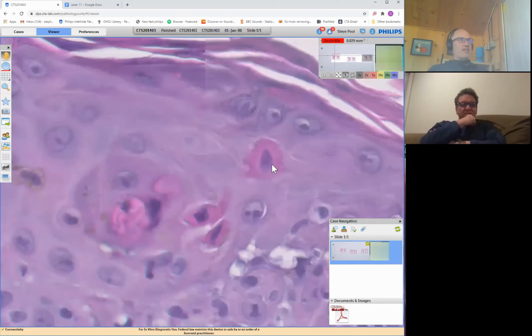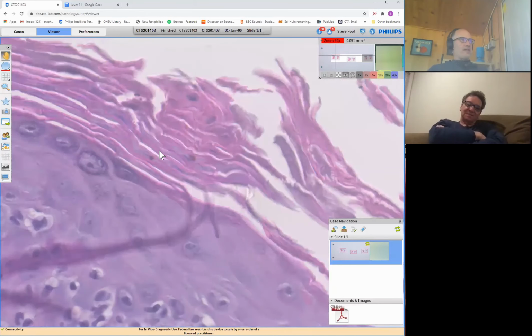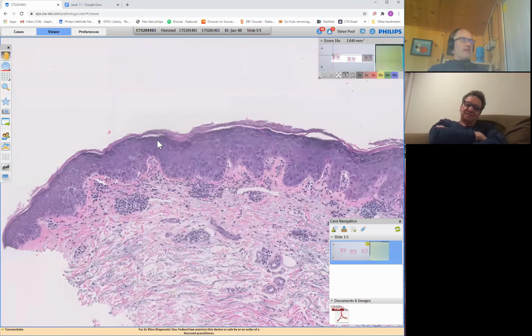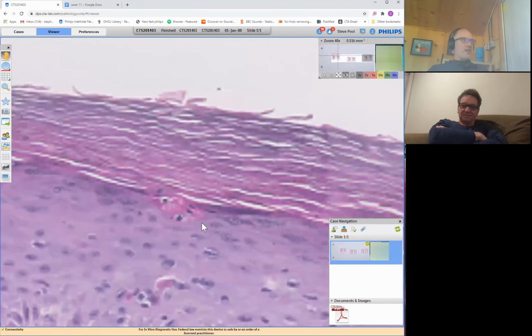But this one also has apoptotic keratinocytes up in the upper epidermis. I believe there is some parakeratosis here somewhere. Here's a little bit of parakeratosis here. I couldn't find a case that had good plasma cells, so it's not super common, but when we see it, it's helpful.